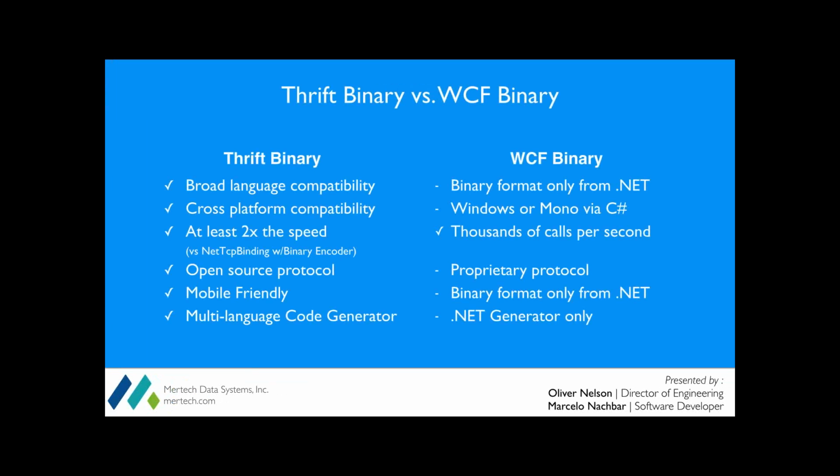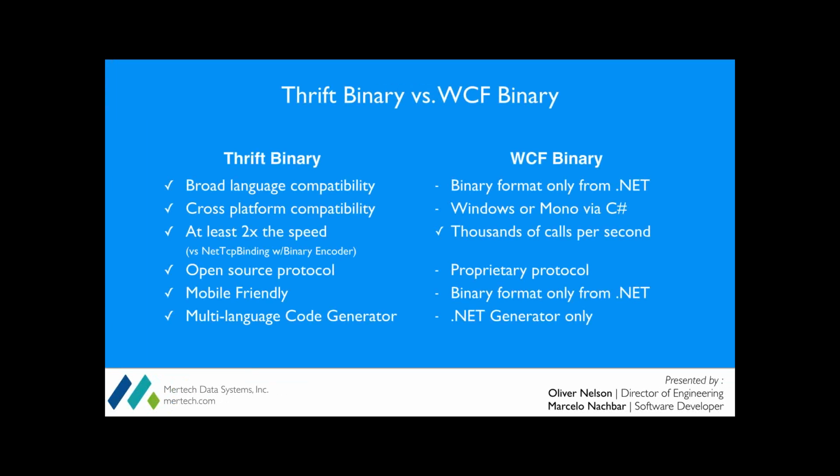One of the other things that has limited WCF binary from being used from other places is the fact that their protocol is proprietary in comparison to the published protocol that you get with Apache Thrift. And as I mentioned before, we have a mobile-friendly interface versus a .NET-only environment.